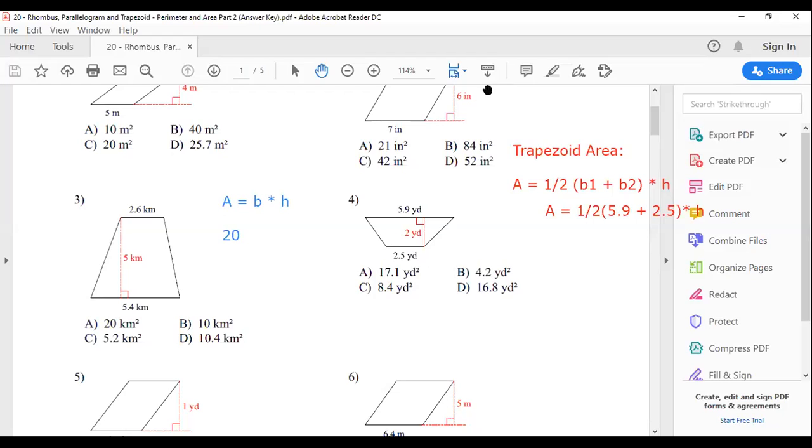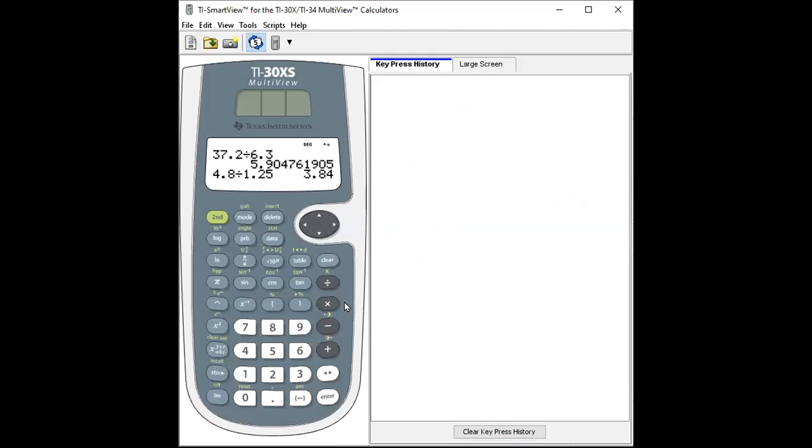So we're going to look at our calculator, and we're going to put in there 1/2 the sum of our bases times the height. So we're going to put that in exactly like we wrote it. So we've got N over D. We'll put our 1/2 in.